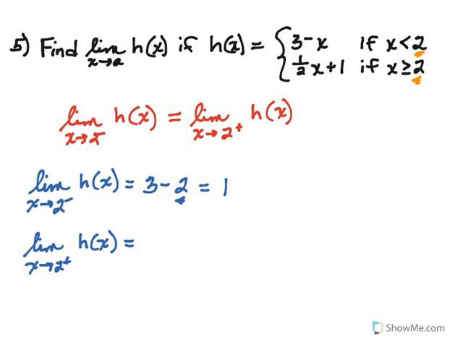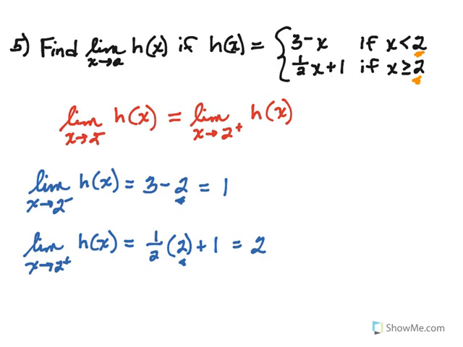So again, if you take a look at the piece function and ask yourself which piece applies for numbers such as those, it's going to be the second piece. So it's into the second piece that we're going to substitute in 2. And notice again, we actually use the number 2 itself, not something just a little bit bigger than 2. So that gives us 2.